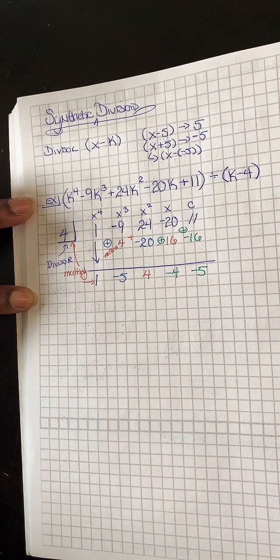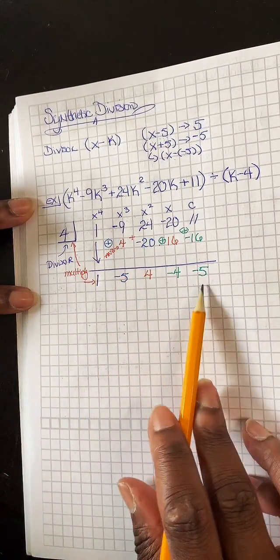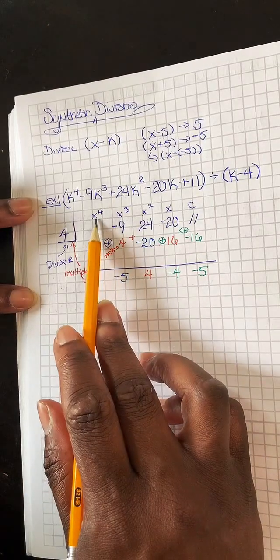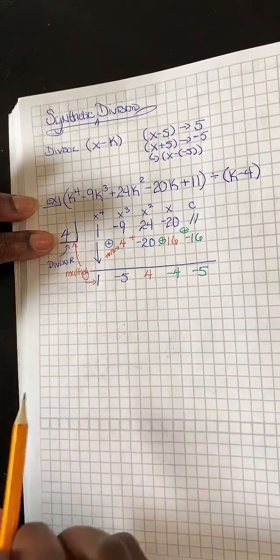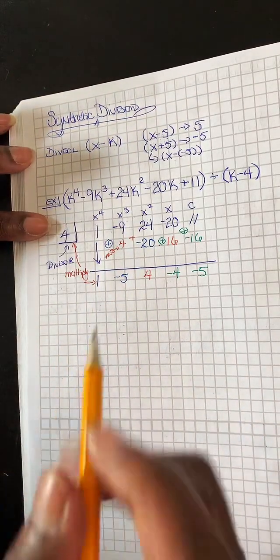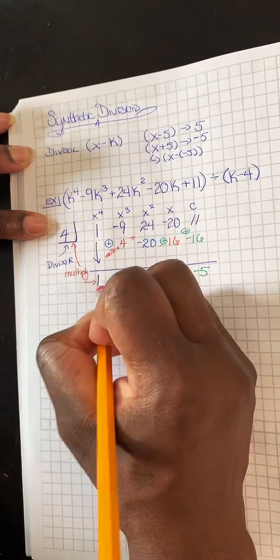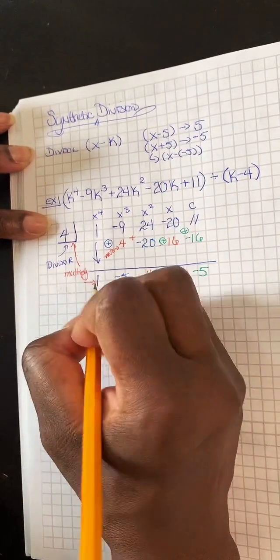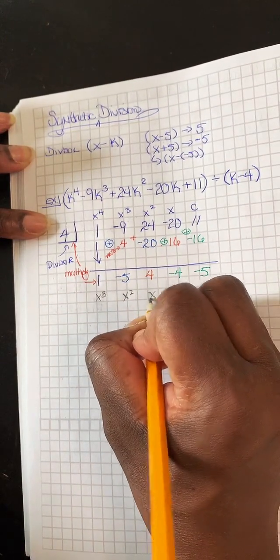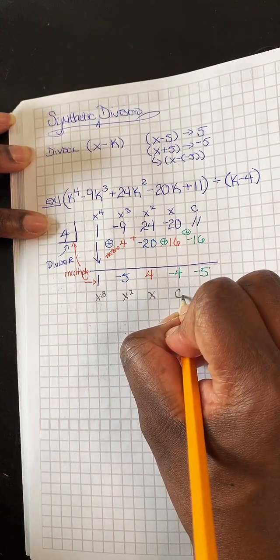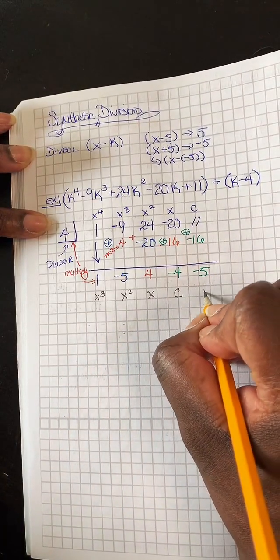All right. So what we just found, you're like, well, okay, they look very colorful. So we basically have our answer right here. Since we took one of our degrees away, this is going to be 1 less. So that's going to be our x cubed. This will be our x squared. This will be our x. This will be our constant. So we always do 1 less. That means this is my remainder.